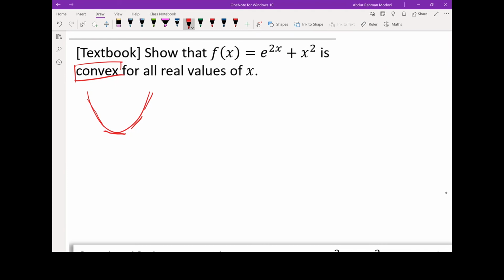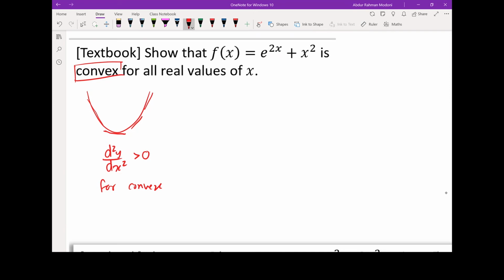Therefore, we expect the rate of change of the gradient to be positive, meaning greater than 0 for convex. It's a show that question, so we need to show that our second derivative is greater than 0. That's what we're going to aim to do, for all real values of x.